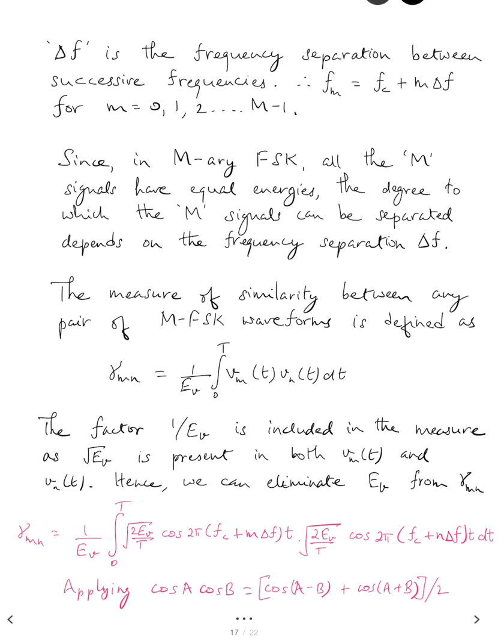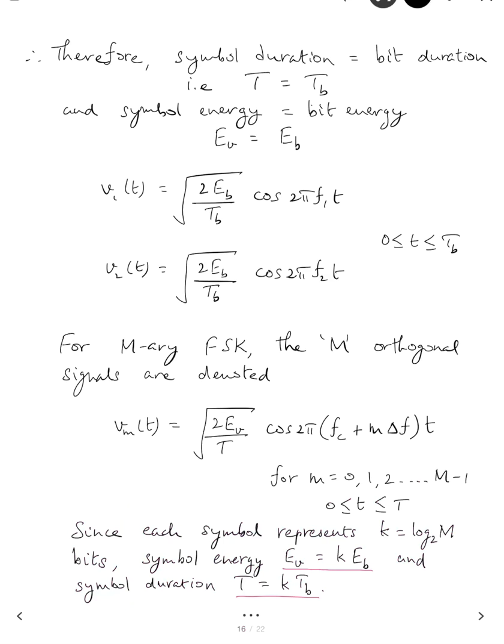Okay, so let's compute this gamma mn term, the measure of similarity, which is simply 1 by Ev, that's the scaling factor, times the integral of Vm of t times Vn of t. So Vm is cosine 2 pi (fc plus m delta f) t. It is any arbitrary signal from the M signals, because each signal has frequency fc plus m delta f, right?